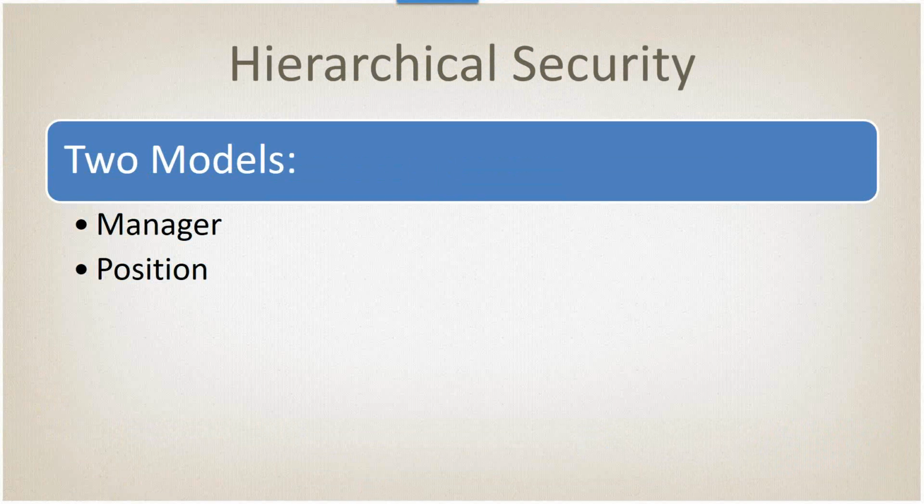It's something they added, I think in 2015-ish, somewhere in there. It's the ability to define a security model based on either the manager or the position. A position is literally like a job category, like vice president or CEO or director or manager.